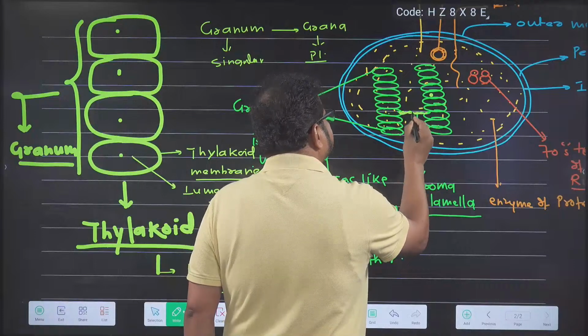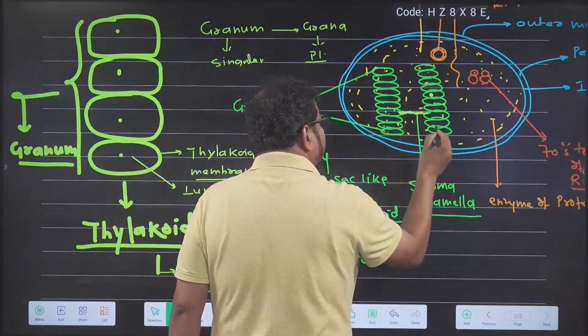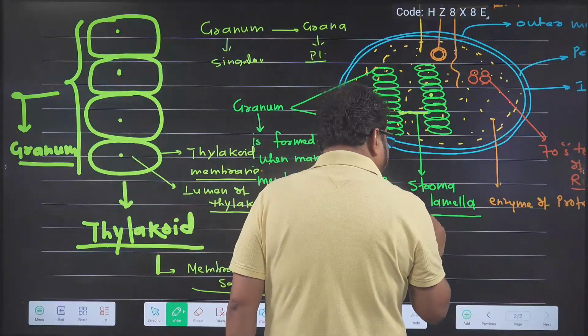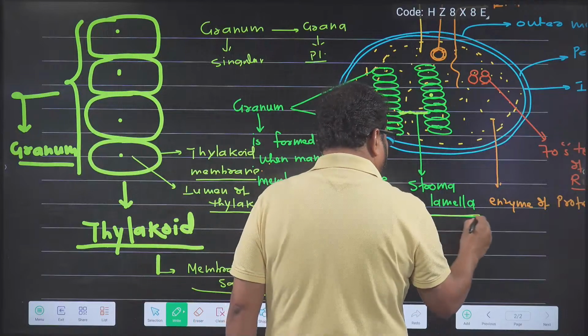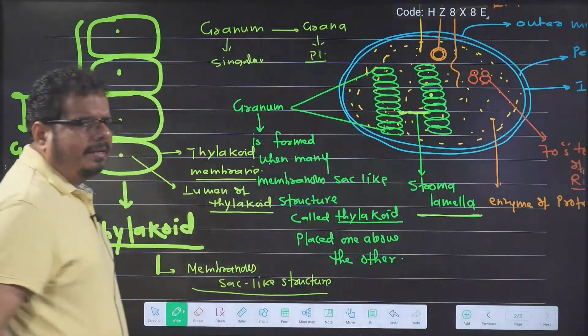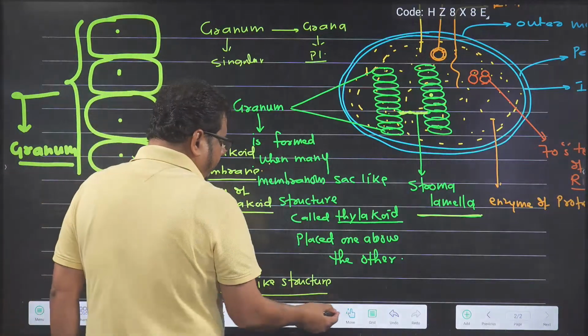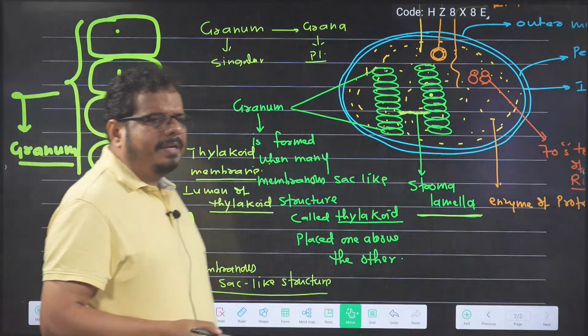This granum and this granum are connected by a membranous structure, and this membranous structure is called stroma lamella. Did you get the idea? So what is granum, what is grana, what is stroma lamella? This picture came in your mind.